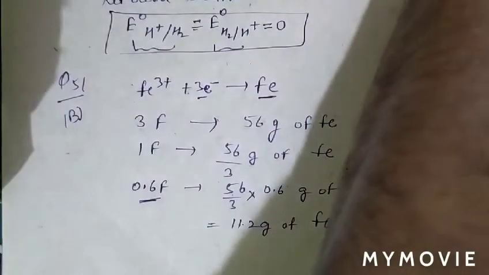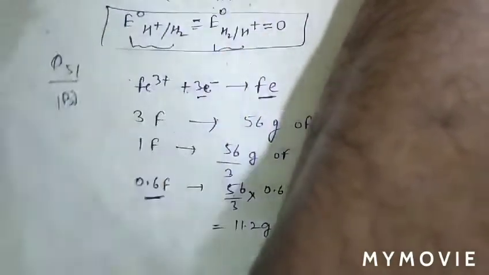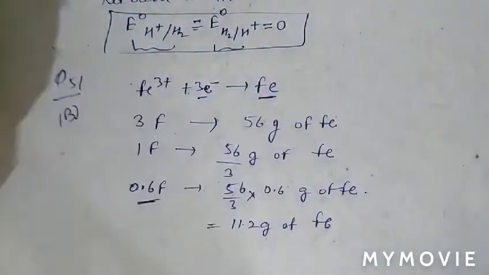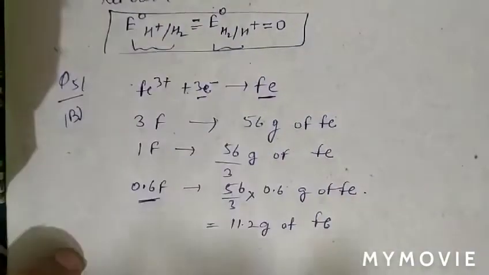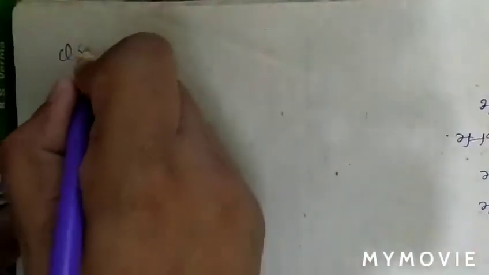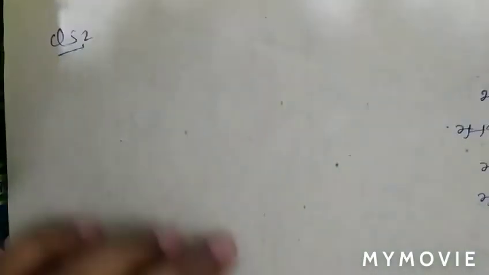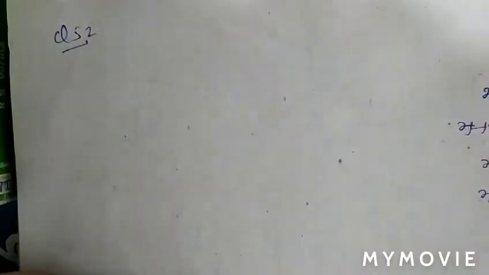See question number 52. In question number 52, what is given there? 11.2 liter of Cl2 gas is liberated at anode.